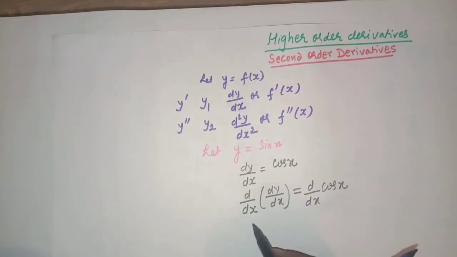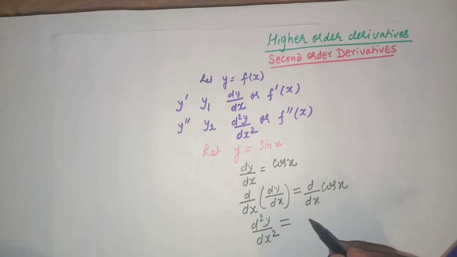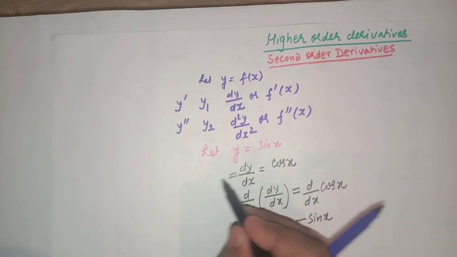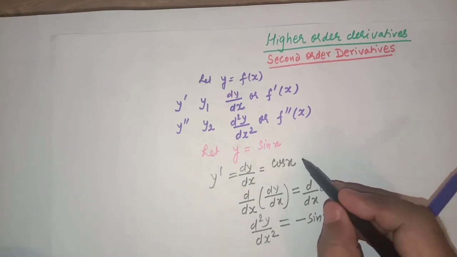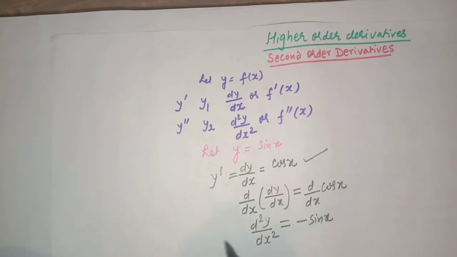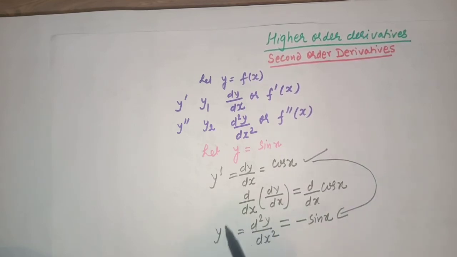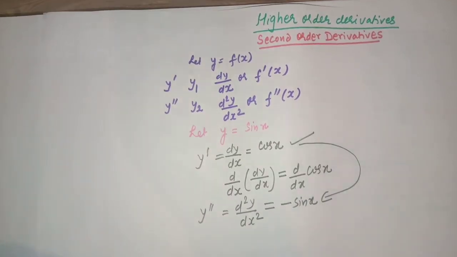Now we can write this as d2y over dx2 equal to minus sin x. So the first derivative of sin x, that is y prime, is equal to cos x, and the second derivative of y, that is y double prime, is equal to minus sin x.